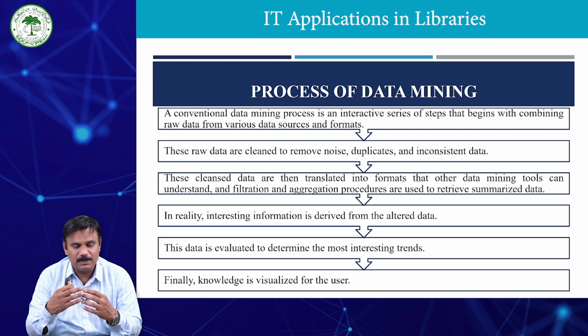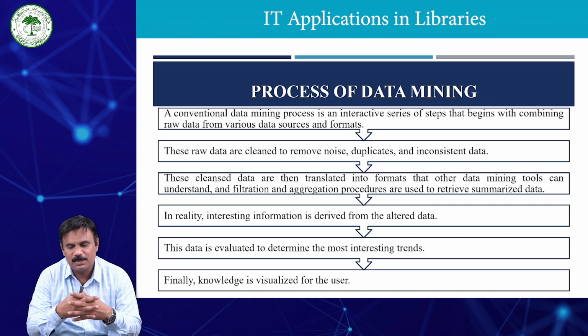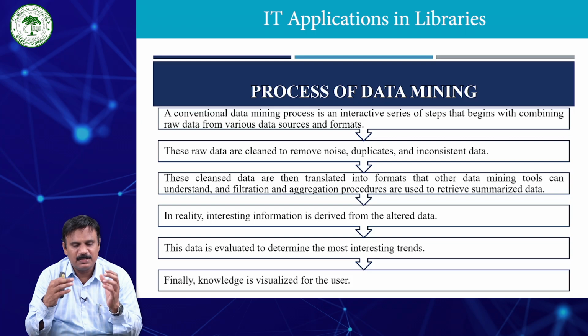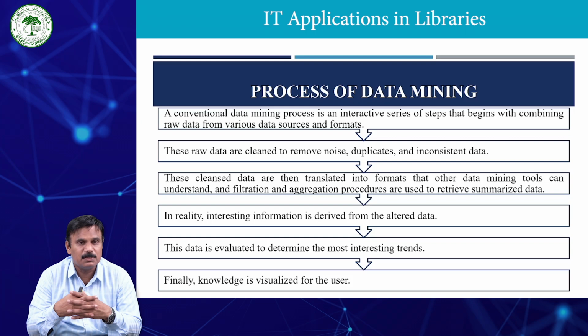This raw data is then cleaned to remove the noise, duplicates, and inconsistent data. The clean data are then translated into formats that data mining tools can understand, and filtration and aggregation procedures are used to retrieve summarized data.